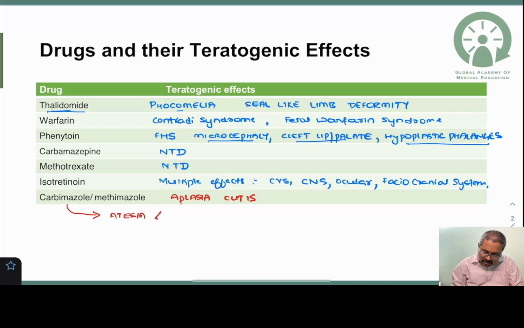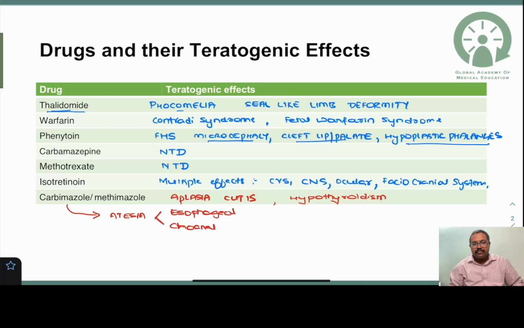So it can cause esophageal atresia, or it can cause choanal atresia. Apart from that, both of them can cause hypothyroidism. So this is about some of the drugs.